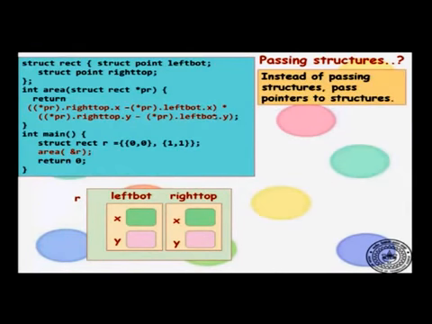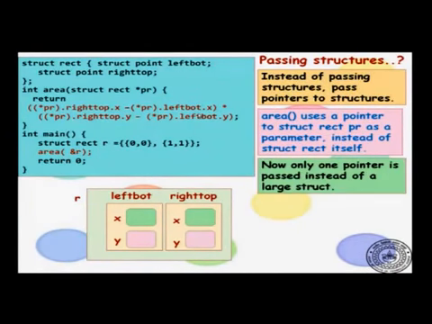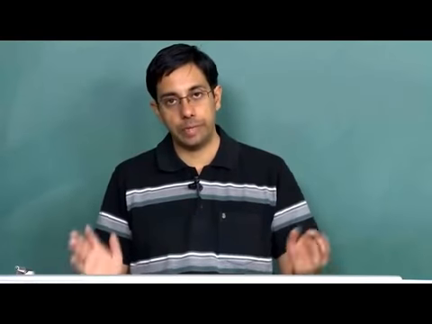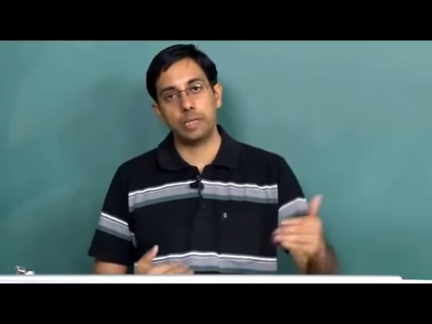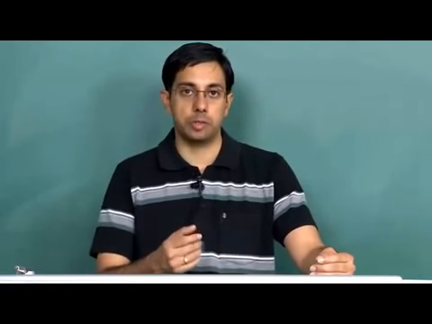The lesson here is that instead of passing structures, you pass pointers to structures, and now whatever be the size of the structure... So, you have a struct rectangle which inside has 2 points and so on. You may want to pass a very large structure, and copying that will take a long time, but instead what you do is you pass just a pointer.